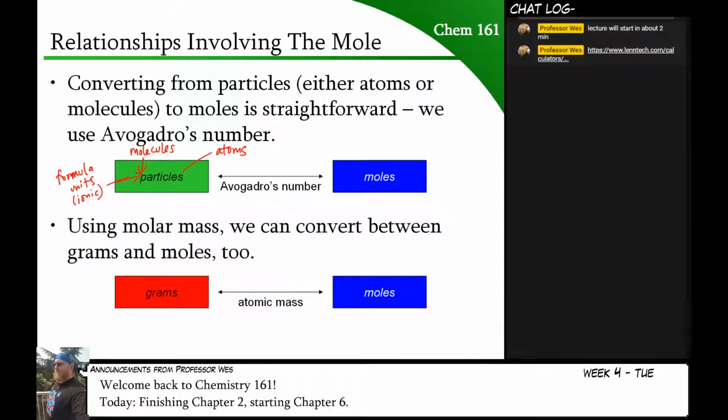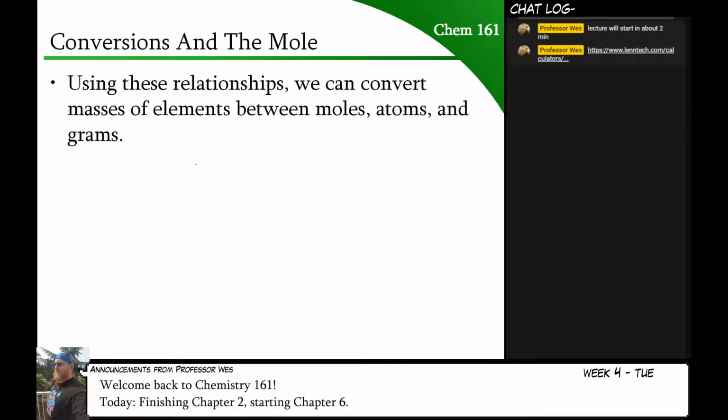All of these are represented by particles. Basically, this box is for counting. How many of this thing do I have? Down there on the bottom, grams, very obviously how much mass something has. We know what grams are. So we can use these two relationships to figure out any quantities that we want to.